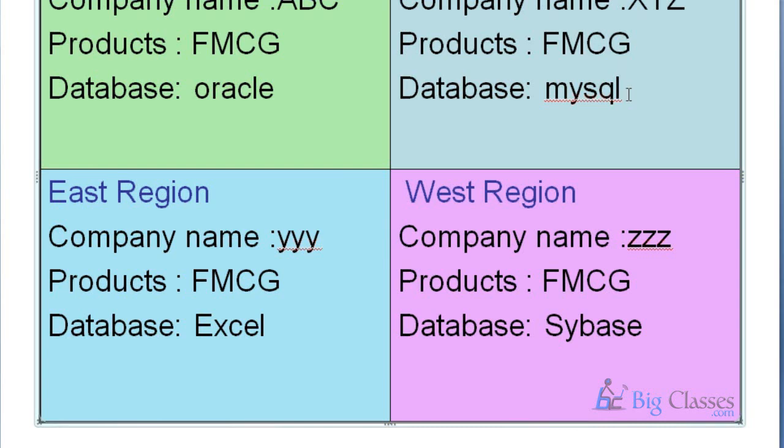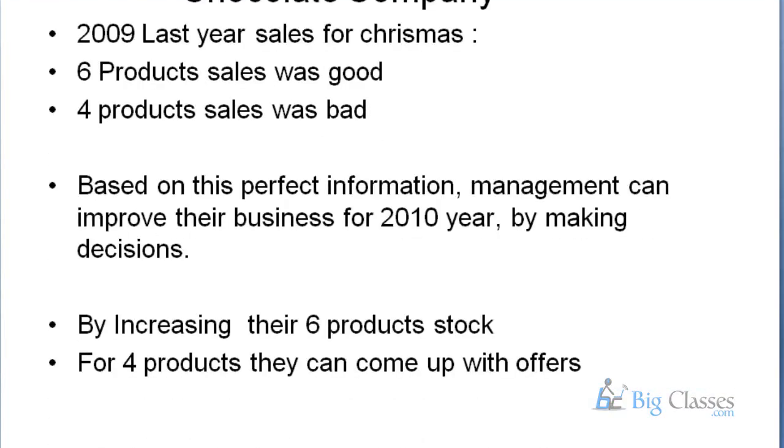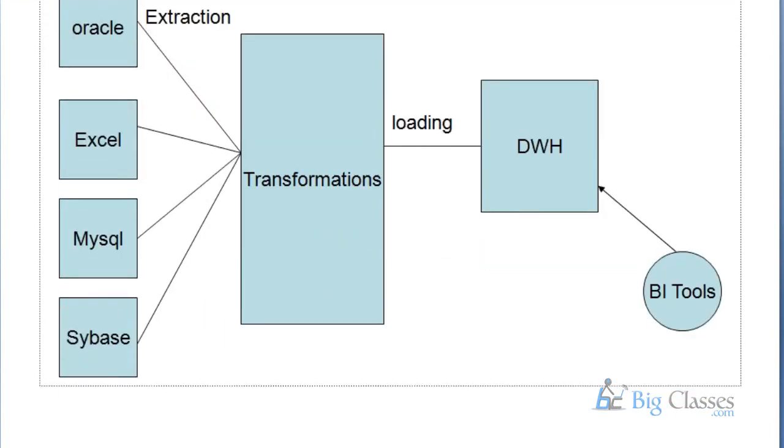I need to analyze the complete India data, so I need to integrate these 4 databases. Why the integration? For analysis, and based on the analysis we can make decisions.